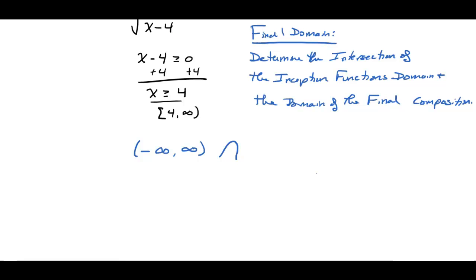Clearly, if you overlap 4 to infinity with all real numbers, you get 4 to infinity, because whenever you overlap anything with all real numbers, you always get that thing. So the domain of f composed of g is in fact 4 to infinity.